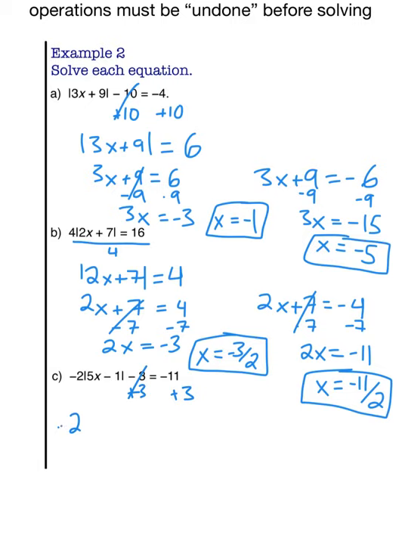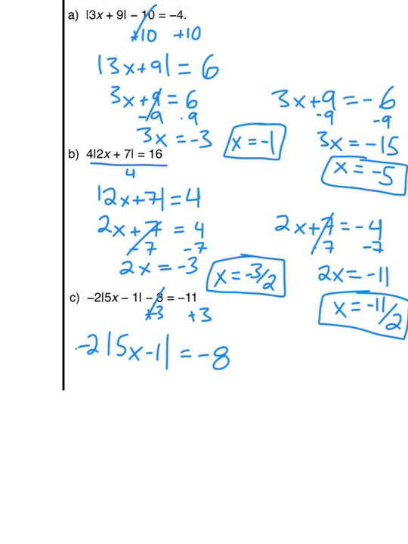And now I have negative 2 times the absolute value of 5x minus 1 equals negative 11 plus 3, so it's going to get closer to 0 and be negative 8. Now I need to divide by negative 2, so divide both sides by negative 2. Now I have the absolute value of 5x minus 1 equals negative 8 divided by negative 2, positive 4.